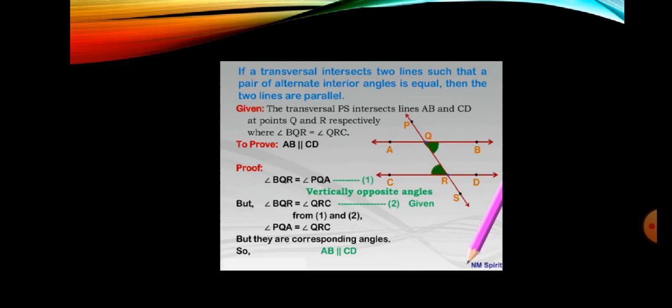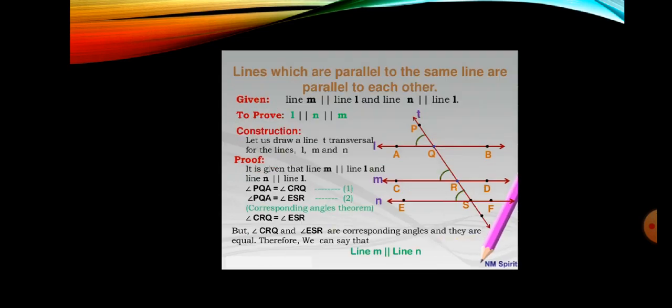From the first and second, look, angle BQR is equal to PQA and BQR is also equal to angle QRC. So from both equations we get angle PQA is equal to angle QRC. They are corresponding angles, so AB is parallel to CD.